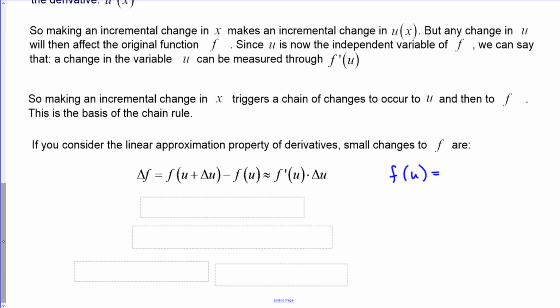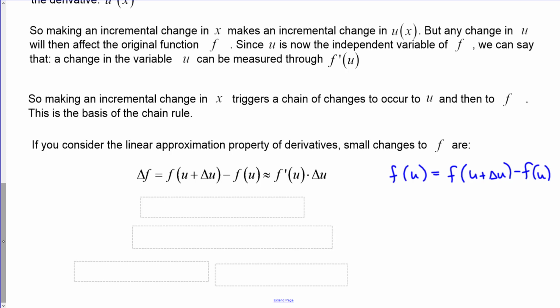So it's just as we've written here, f of u plus delta u minus f of u. But with the linear approximation property, that can be approximated with the derivative evaluated at u times the incremental change delta u.